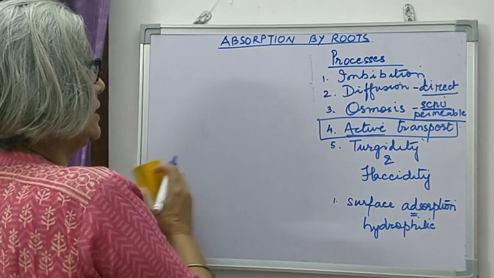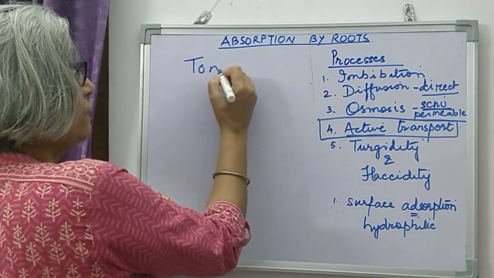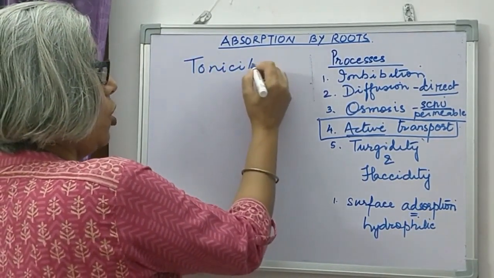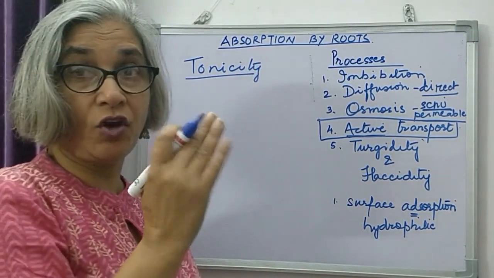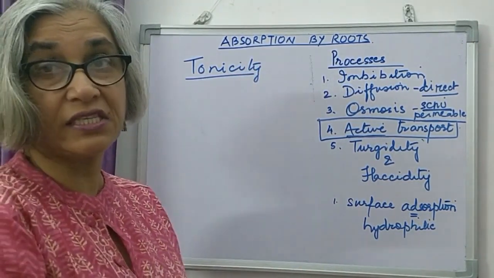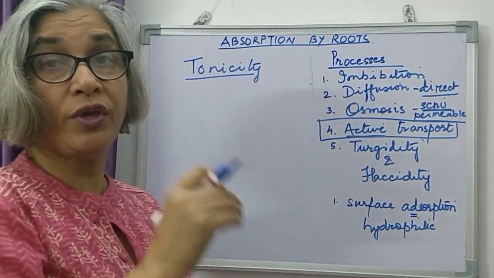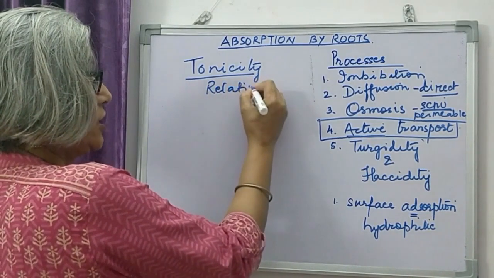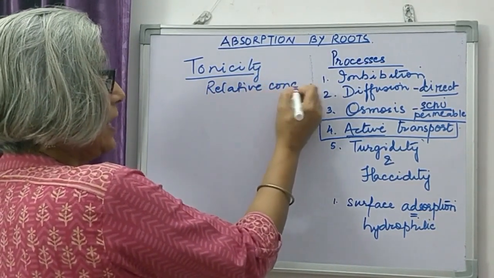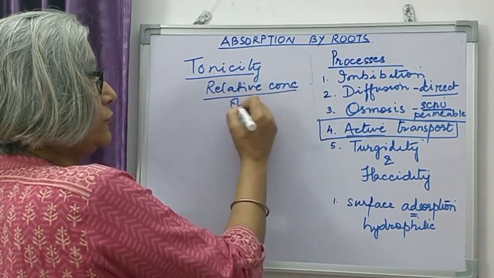Now tonicity is relative concentration of two regions, which is going to decide the direction as well as the extent of diffusion.